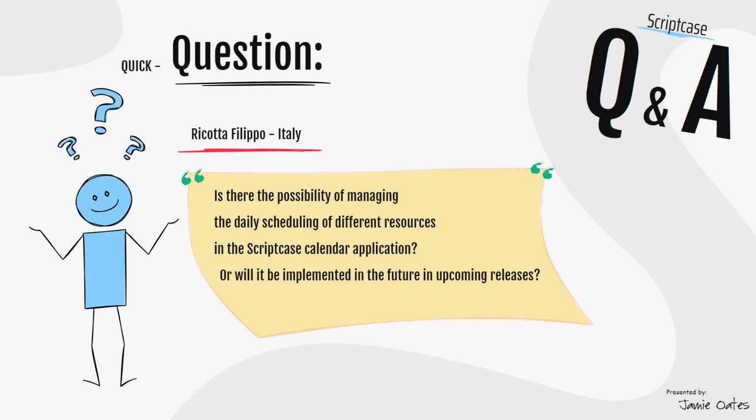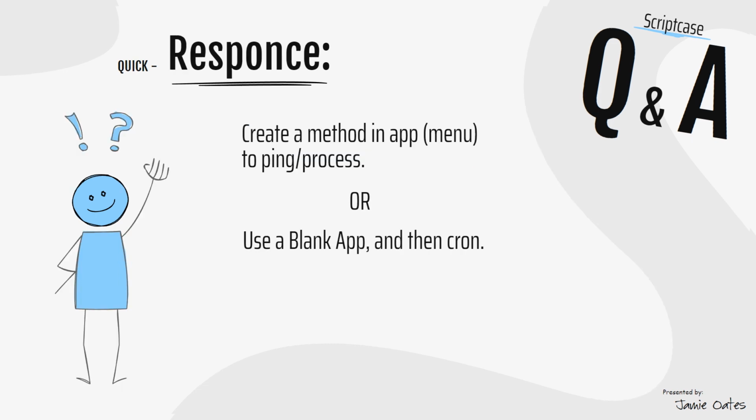Okay, so you're saying daily scheduling of different resources. So the different resources could well, of course, be the applications or resources that you have created and generated within your application. Now, the way I have processed this sort of scheduling, let's say, whether that be hourly, daily, weekly or monthly, is typically either on load of the menu application.